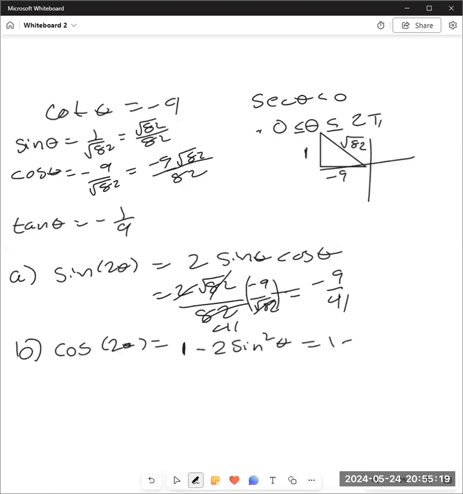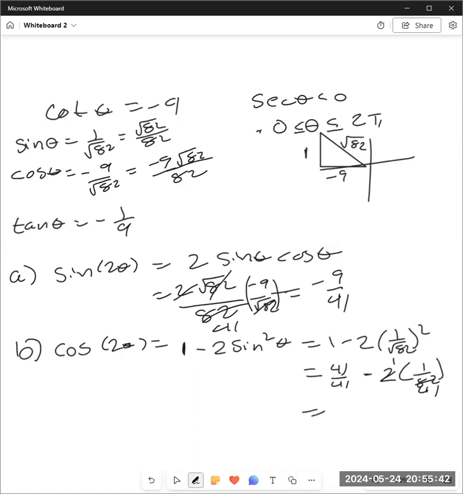It's 1 minus 2 times 1 over root 82 squared, which is 82 over 82 minus 2 times 1 over 82. It's actually going to make this 41 over 41.